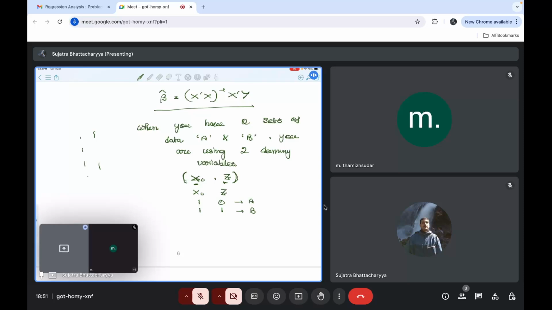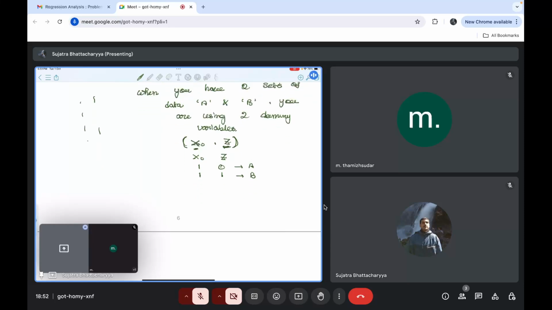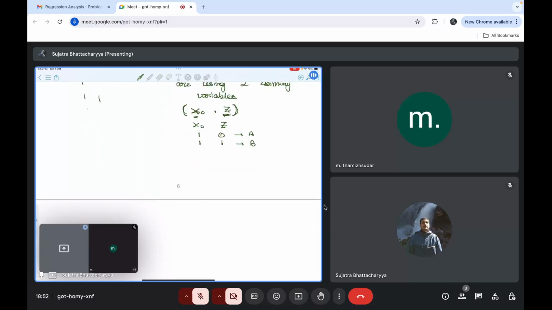So just remember, whenever a question asks how many dummy variables you should use for two sets of data, excluding X naught, then you have to say one, that is Z. But if it does not mention that, then you have to use X naught and Z. Just look at the question, what is there in the model. So that is for two sets of data.